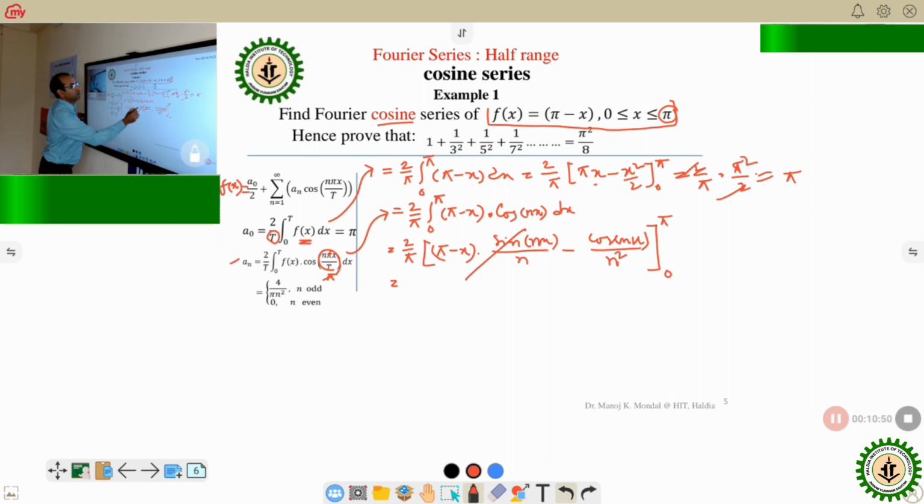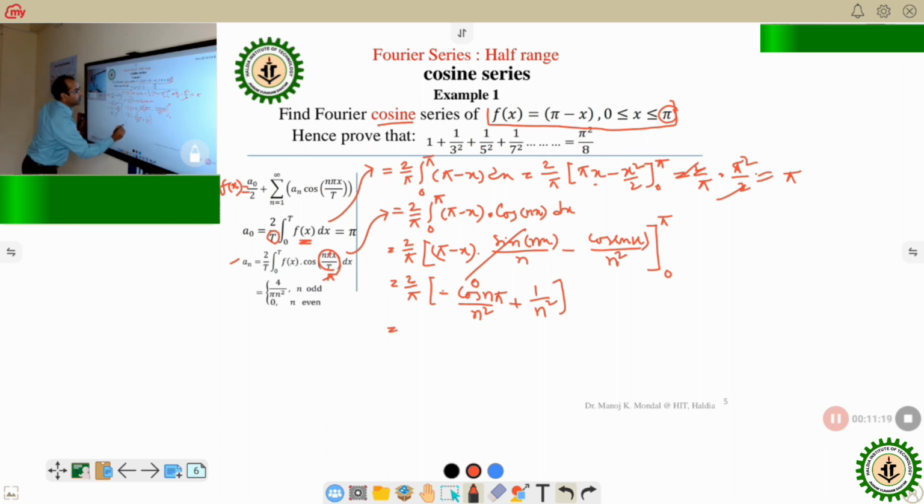For the upper limit and lower limit, in both cases the sine term's value is 0. So it is 2 by pi times minus cos(n pi) by n square, plus the lower limit 1 by n square. This is the value, and it has two cases, odd and even.